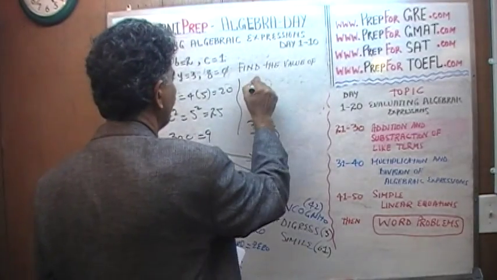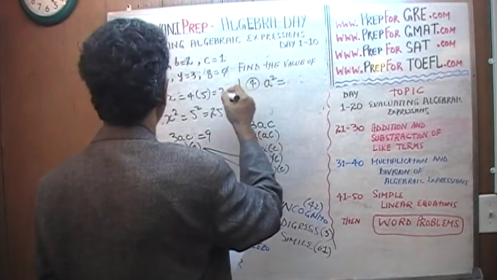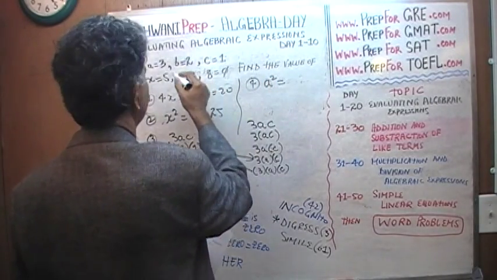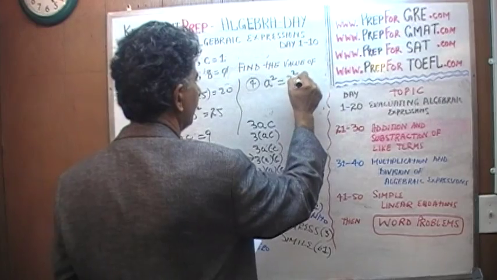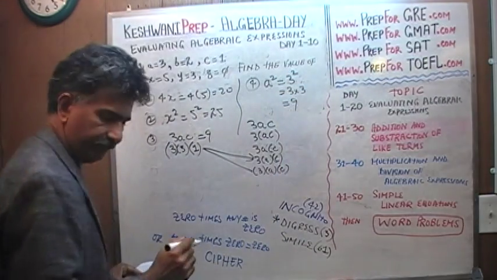Number 4. What was number 4? It's just a squared. a squared, which means a times a. 3 squared, which is just 3 times 3, which is 9. Let's do number 5.